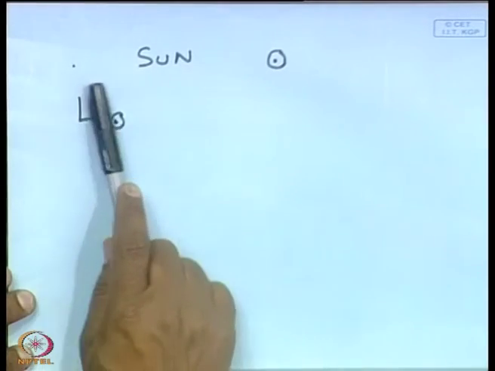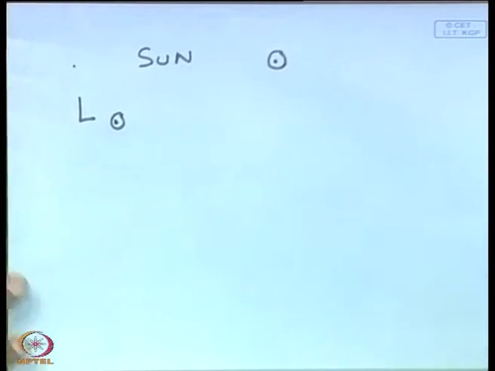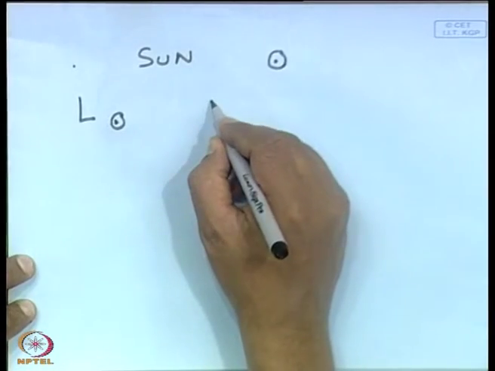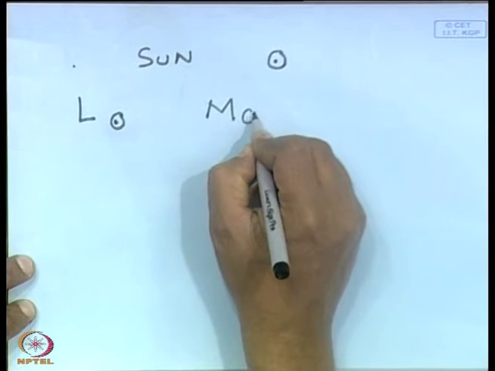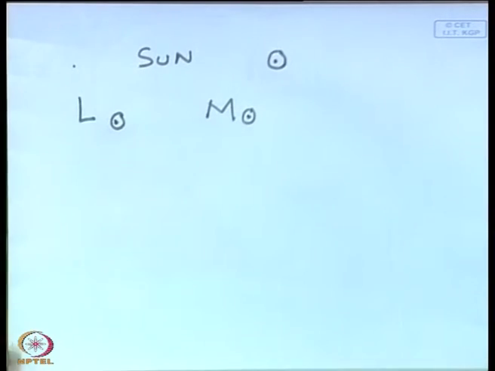So, I request you to bear this in mind. Similarly, there is the solar mass, and it is quite common to denote the luminosity and masses of other astronomical objects in terms of these luminosities and masses. So, it is very important to get the values clear.